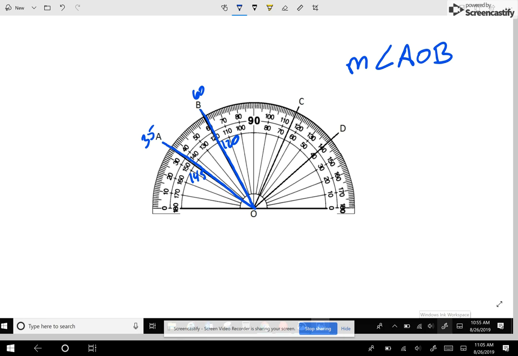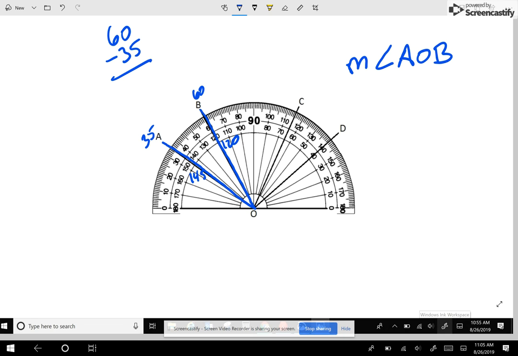Now, for me to know how big is the angle, I'm gonna subtract the numbers. But make sure you use only outside numbers or only inside numbers. If I use outside numbers, I'm gonna go 60 minus 35. I'm using the outside numbers only.